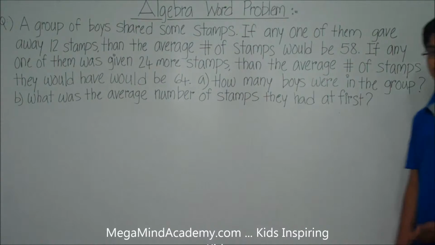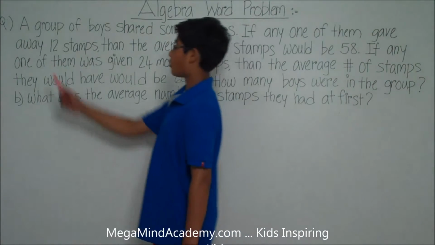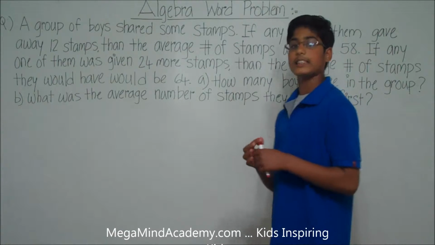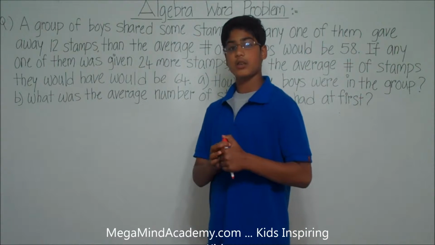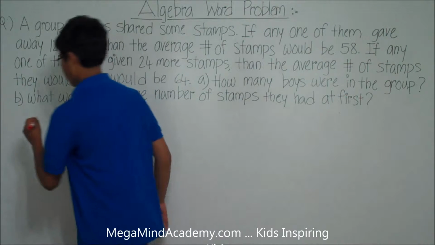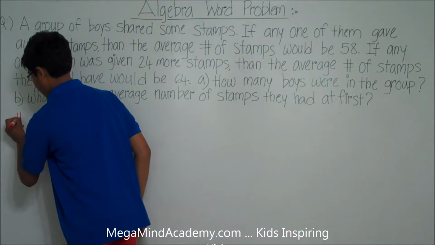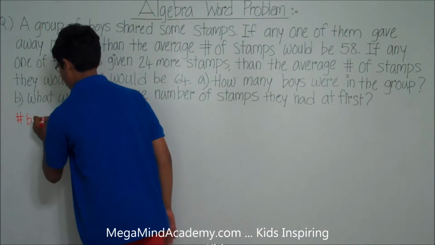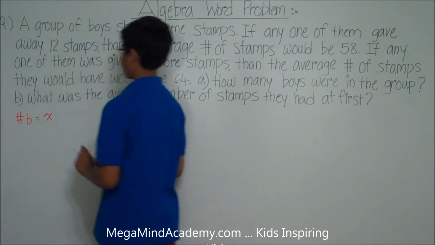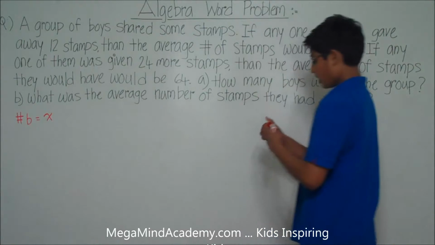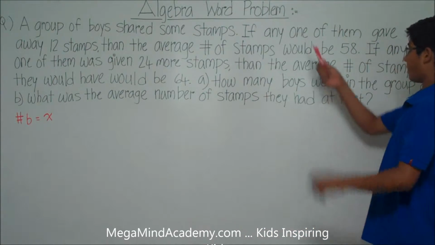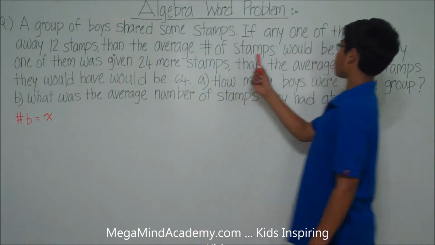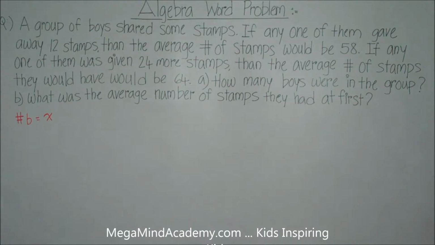Now the problem states that there was a group of boys that shared some stamps. So let's say that the number of boys is equal to X. So number of boys, this is a number sign, and B for boys is equal to X. Now, we know that if any one of them gave away 12 stamps, then the average number of stamps would be 58.